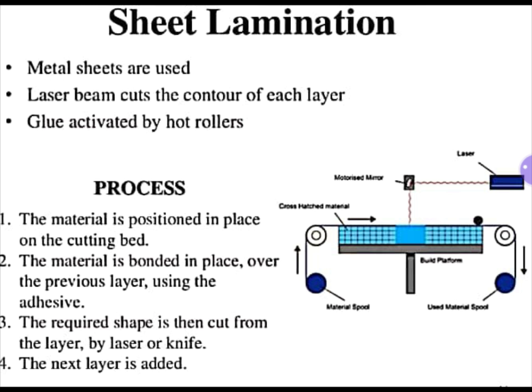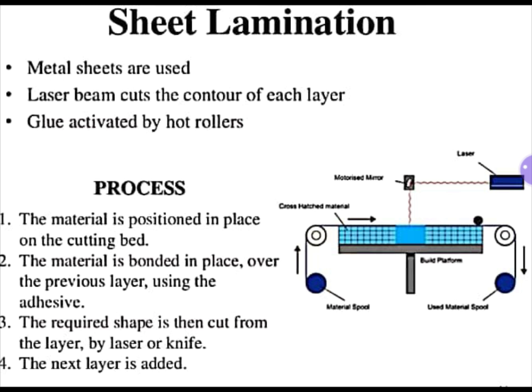In this sheet lamination process, we are going to use solid sheets. These solid sheets may have a thickness of 1 mm or 2 mm.